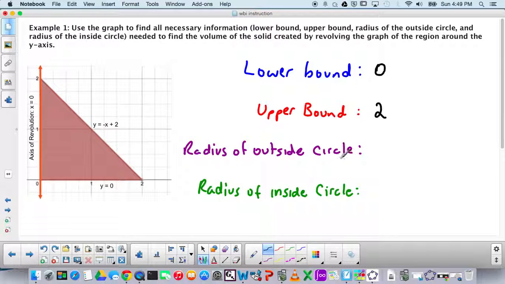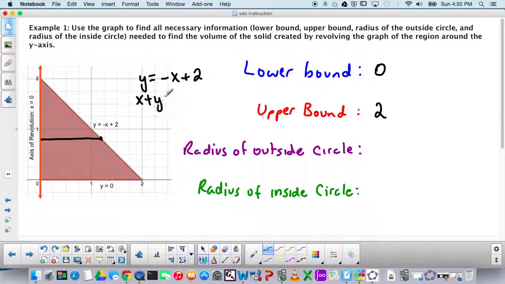We're going to find the radius of the outside circle. Remember, we're measuring it this way. So the outside function is y equals negative x plus 2, but we're going to want to write it in terms of y, get it in x equals form, so that we can integrate with respect to the y-axis. So we're going to solve this function for x. I'm going to add x to the side.